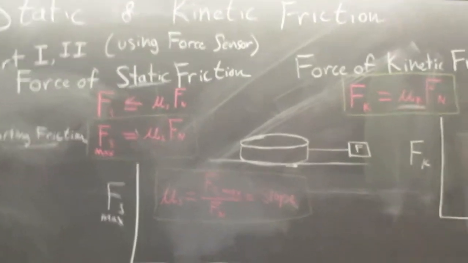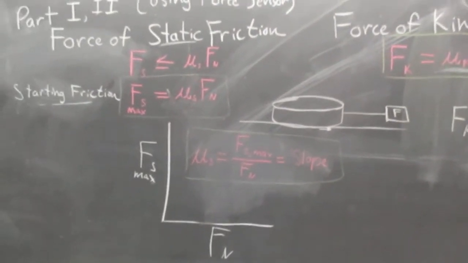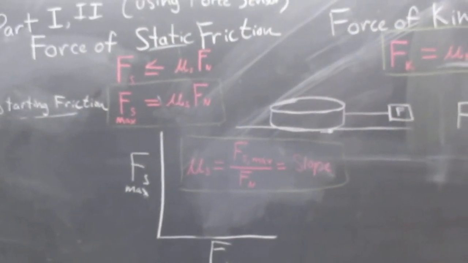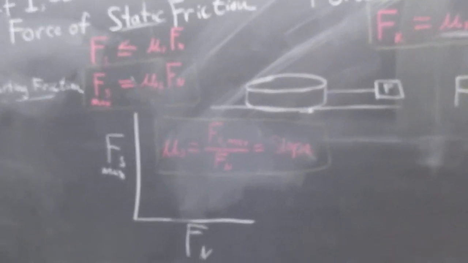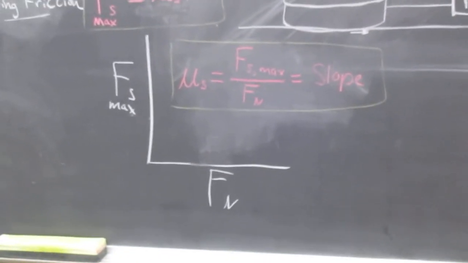So once we collect all of our data, 3 trials at 5 different masses, we're going to make a plot. We're plotting our peak static friction on the y-axis and our normal force on the x-axis.